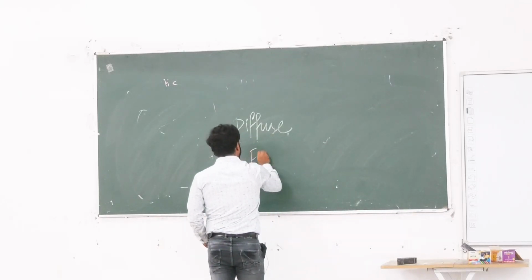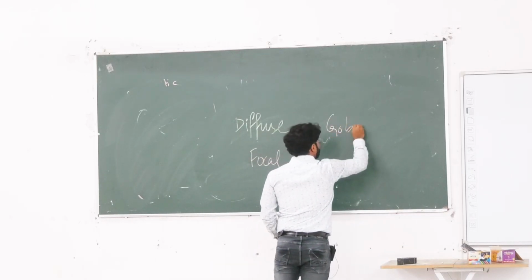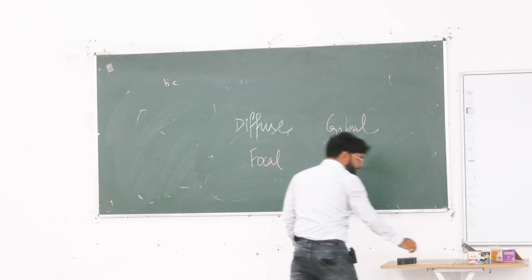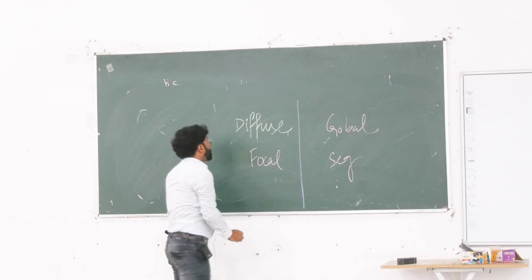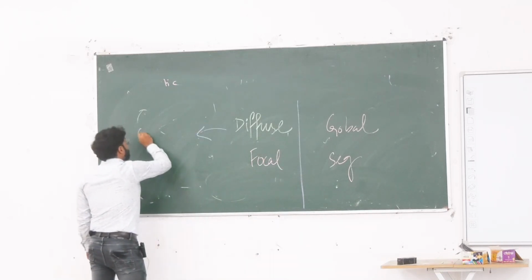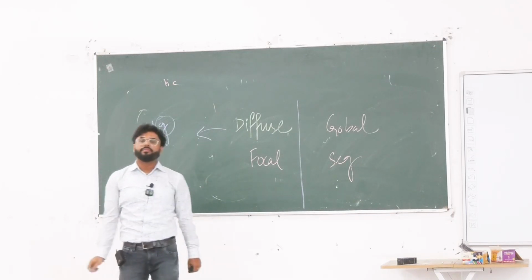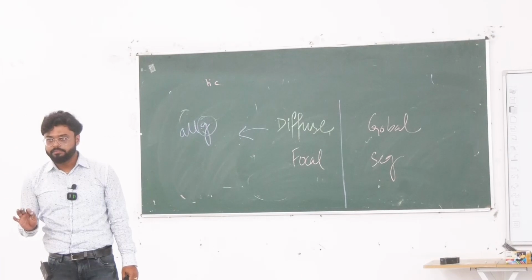One is focal, one is global, one is segmental. Look minutely, listen to this. When all glomeruli are involved, it is known as diffuse type of involvement.